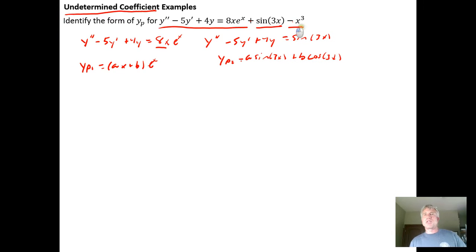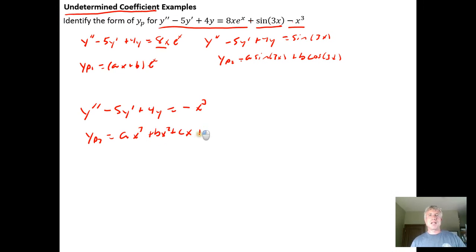And then we could say, here's a third degree polynomial. Let's look at the differential equation, y double prime minus 5y prime plus 4y equals just minus x cubed. And then we would guess y particular 3 has the form ax cubed plus bx squared plus cx plus d, and solve this differential equation for y particular 3.